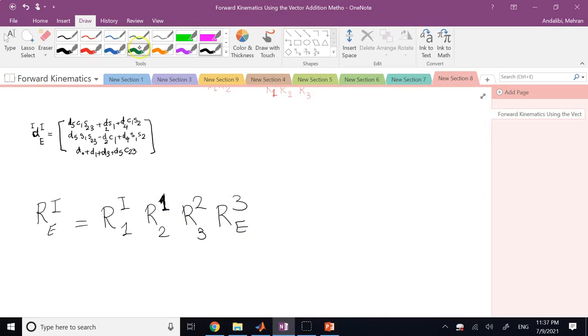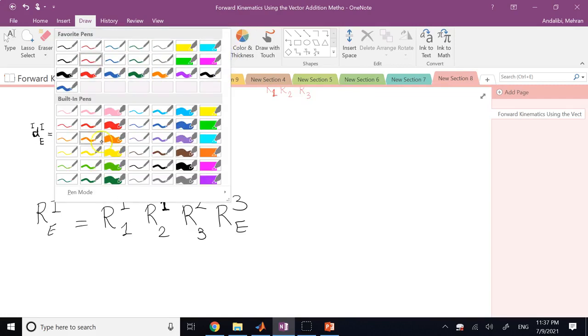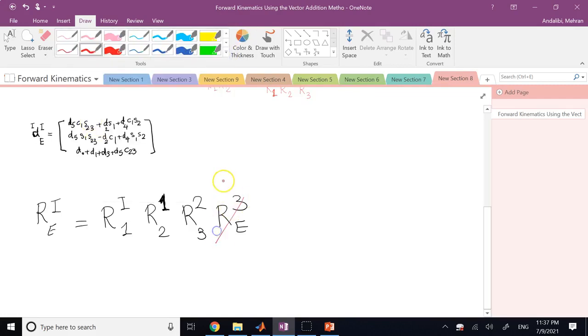And as I said, the last one is an identity matrix. There is no rotation involved. This one was the rotation Z and theta 1. This one was rotation Y and theta 2. This one was rotation Y and theta 3.